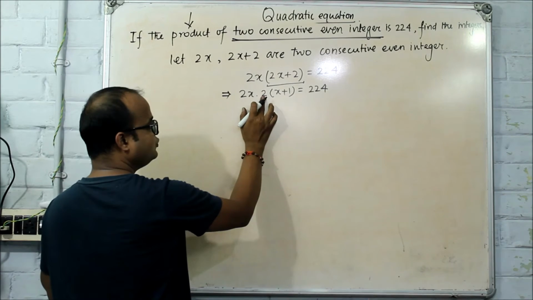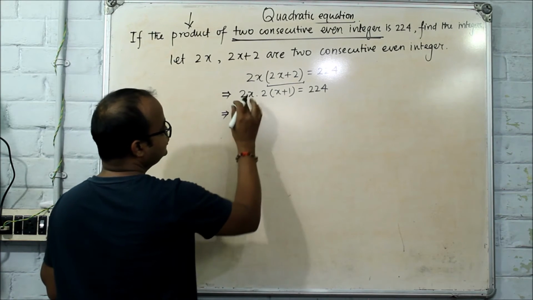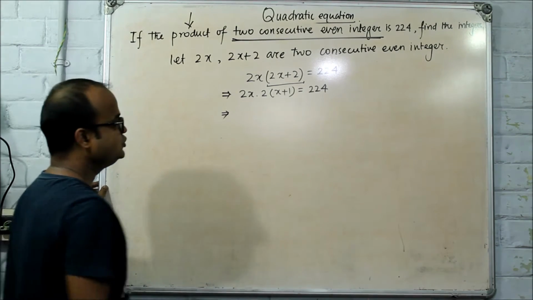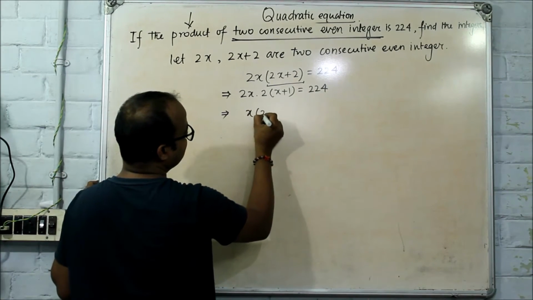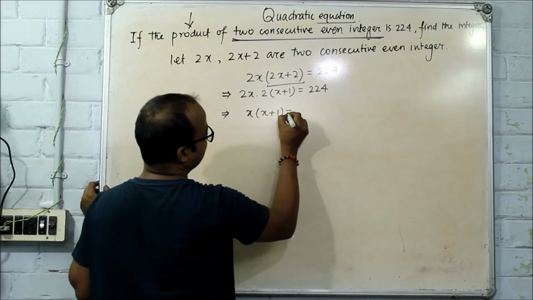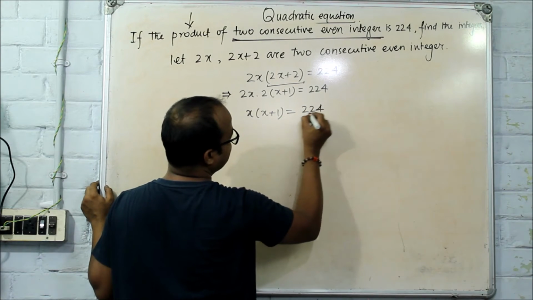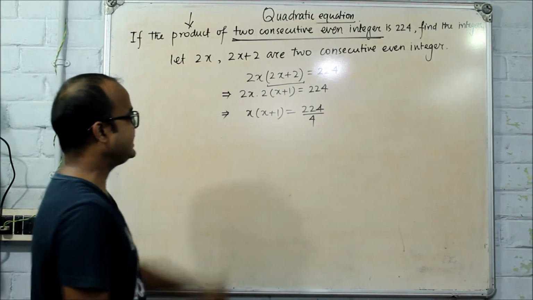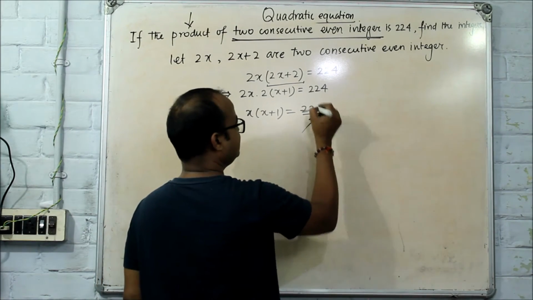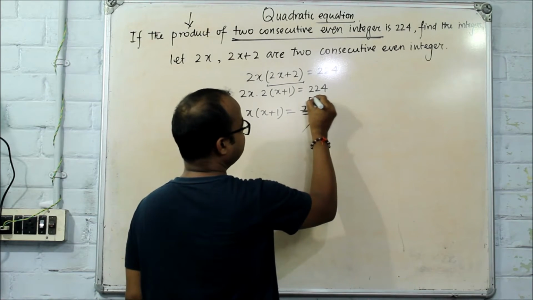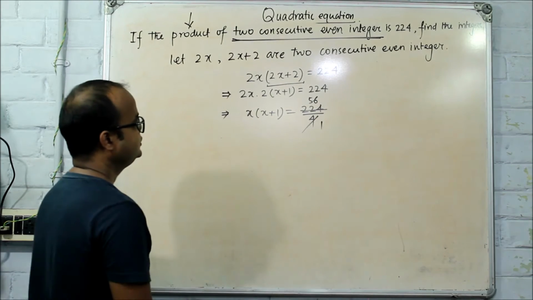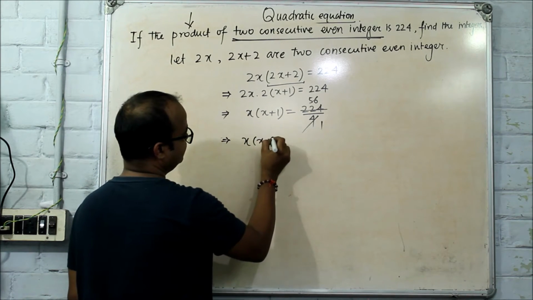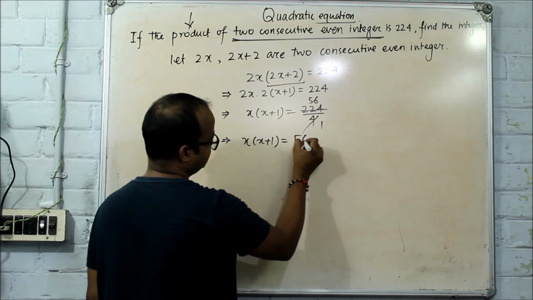Now 2 into 2 is 4, so I am taking this 4 to the other side. You will get x into x plus 1 is equal to 224 by 4. Now cancel out: 4 ones are 4, 4 fives are 20, and 4 sixes are 24. So we are getting x into x plus 1 is equal to 56.